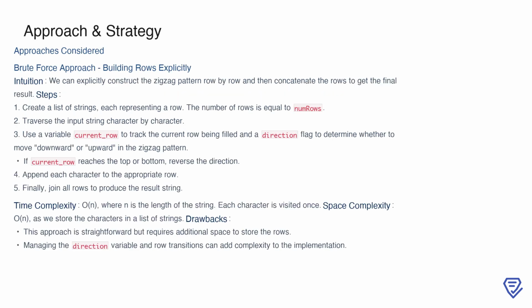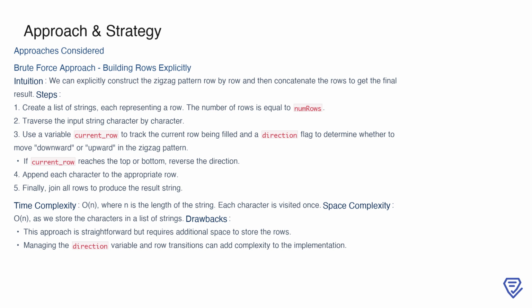To solve the zigzag conversion problem, one approach is to explicitly construct the zigzag pattern row by row, which we call the brute force approach. Here's how it works. We first create a list of strings, where each string represents a row in the zigzag pattern. The number of rows is determined by the given input numRows.